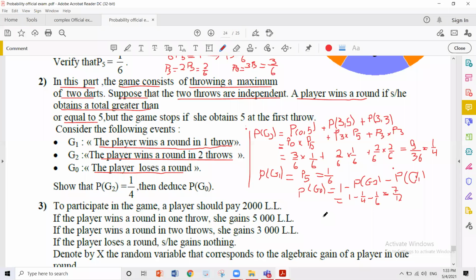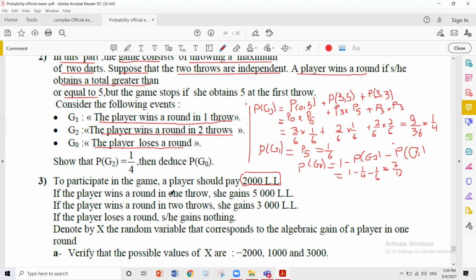Please try to solve the second part, part 3. To participate in the game, the player should pay 2,000 Lebanese lira. If the player wins the round in one throw, he gains 5,000.